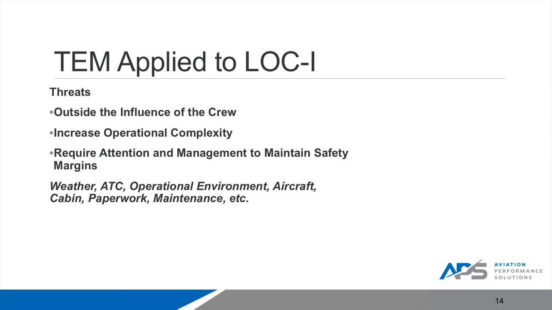An error is any act committed or omitted by the pilots that results in a deviation from what they intended, reduces the margin of safety, and increases the likelihood of an adverse operational event. Procedural errors involve pilot divergence from policy, regulations, aircraft flight manual standards, or procedures.